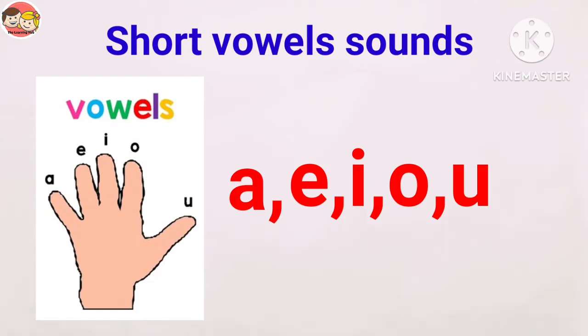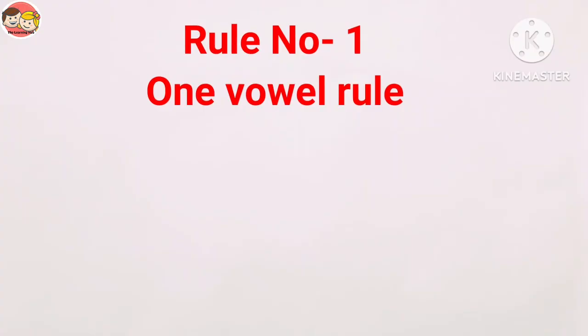Now we are going to explain some rules to understand the difference between short and long vowel sounds. The first one is about short vowel sounds. The first rule is the one vowel rule. One vowel sound is going to be short.